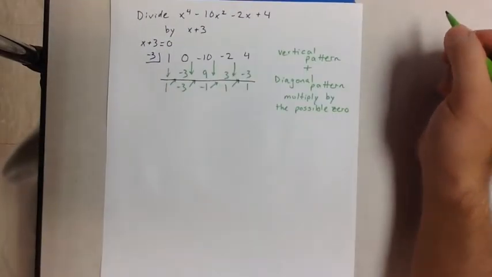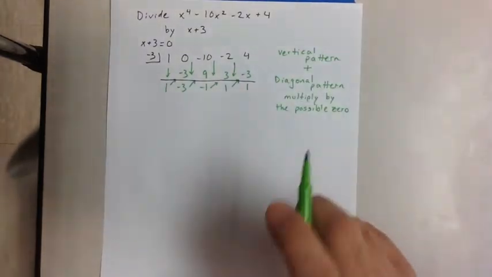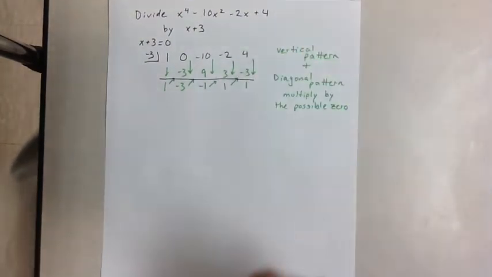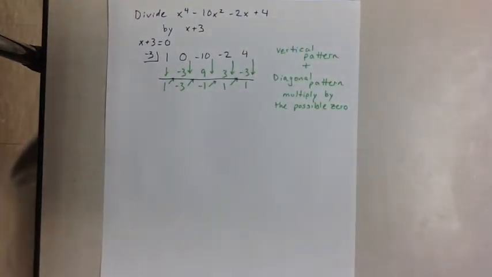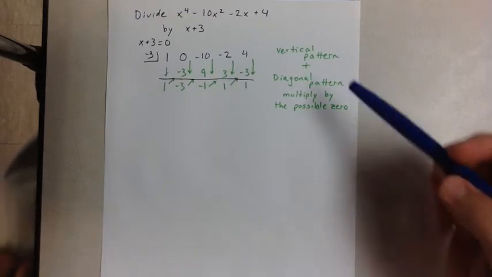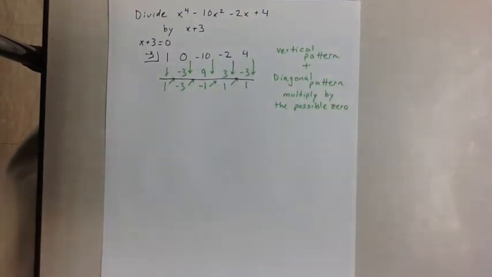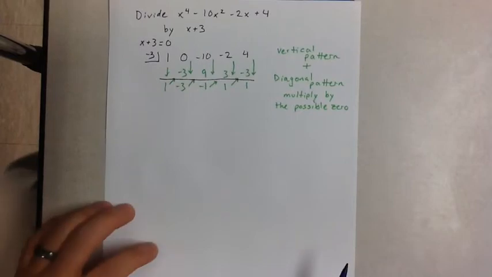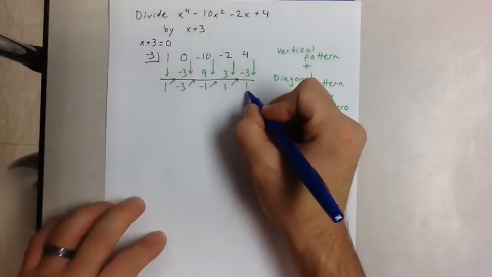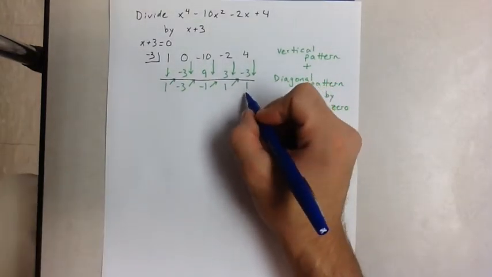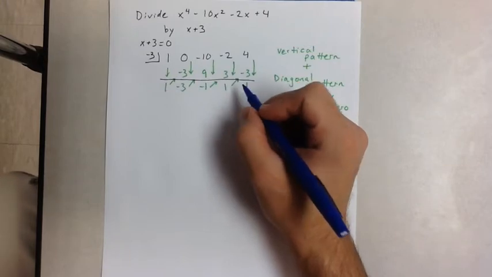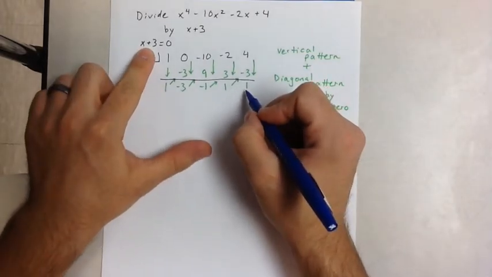Okay, so I'm going to ask you, looking at this result, can we say that x plus 3 is a factor of the polynomial? We should think, because we have a remainder that's not 0, this is not a factor.